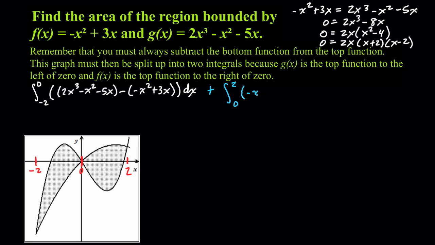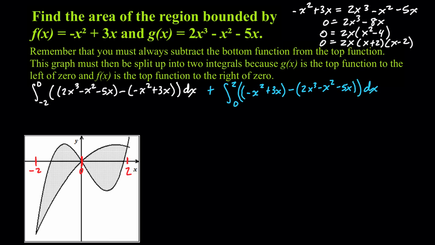So it's negative x squared plus 3x minus the bottom function, which is 2x cubed minus x squared minus 5x.